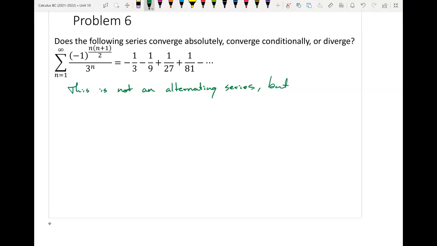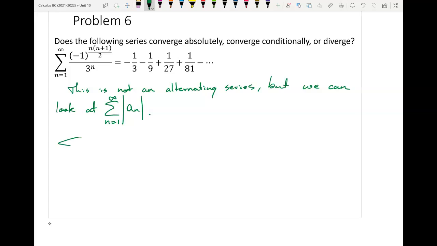But we can look at the absolute value of that sequence. Okay, so we're going to look at the absolute value of a sub n.